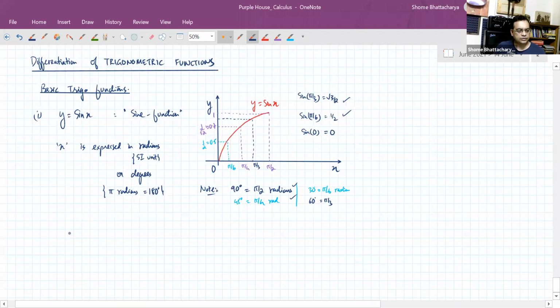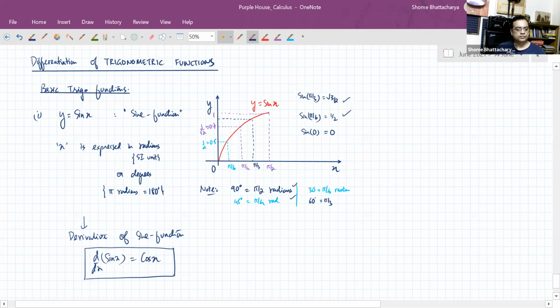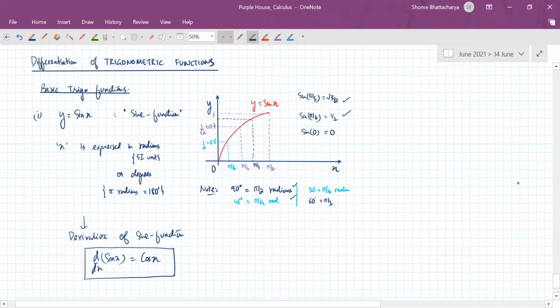Now, the derivative of the sine function equals cos x. Sir, it means d upon dx of sine x can also be written as cos x.